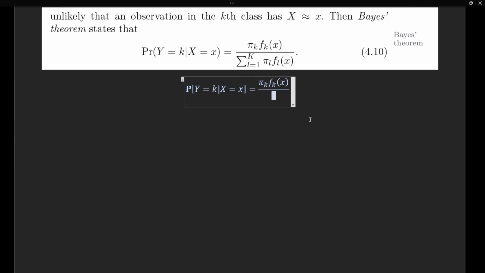And then we're summing over all the different outcomes. And let's see if I know how to type this. No, that wouldn't work. I think I need to do this and this. Okay. So L is just a dummy variable from 1 to uppercase K. So that's just all the possible outcomes.